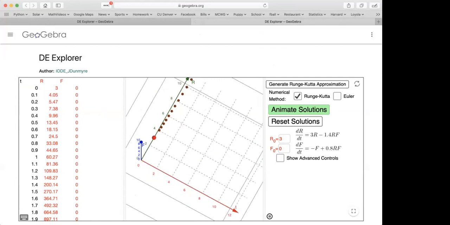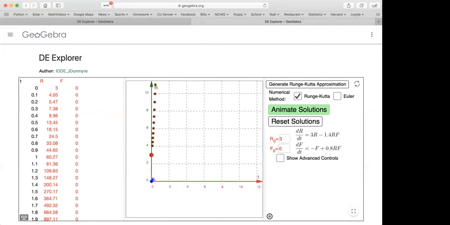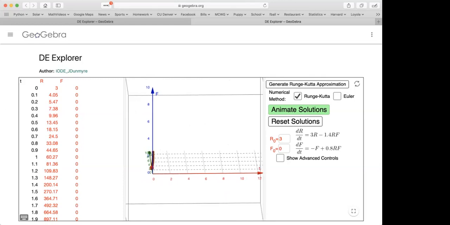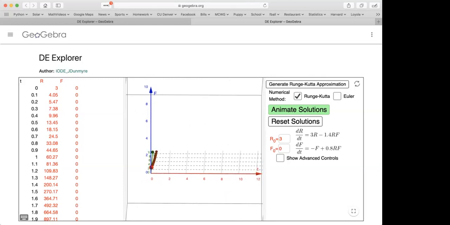And you can see here, this is going up very sharply. So in fact, we would expect to have exponential growth for the rabbits over time. The foxes, we can't really see their graph because as time goes on, there are no foxes, and we're going to continue to have no foxes.